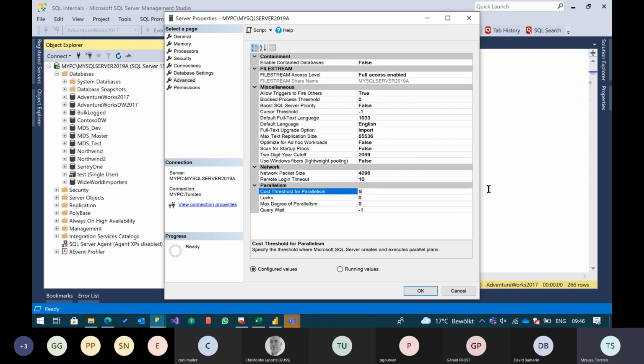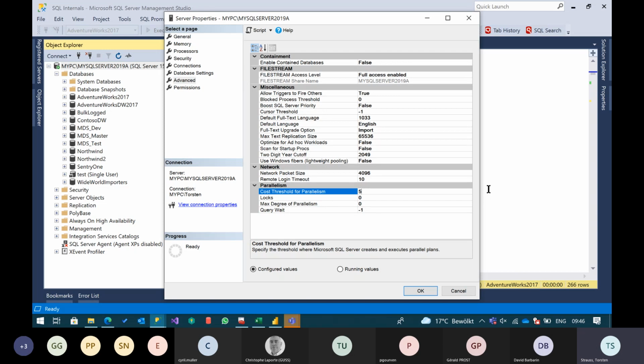Yeah, so we had a discussion with Microsoft about it, and why not change the cost threshold for parallelism to something else like 5? The problem is there is no best guess.